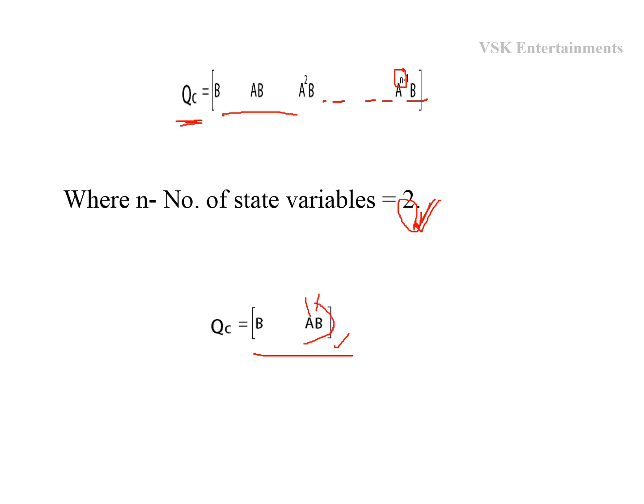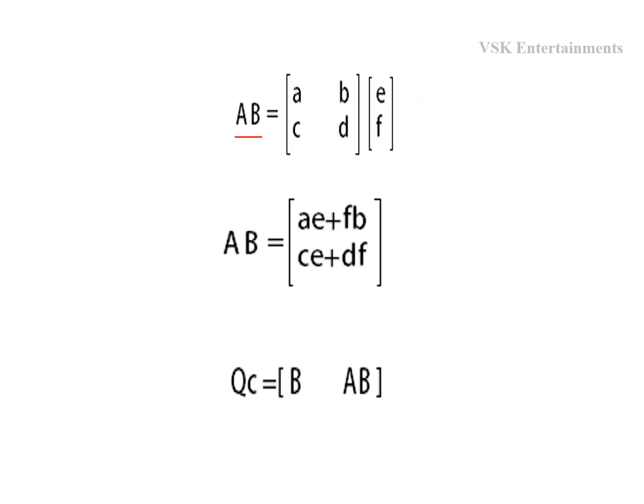First find matrix AB. So AB is equal to matrix [a b; c d] into matrix [e; f]. By using matrix multiplication, we find matrix AB, that is a into e plus b into f. Similarly c into e plus d into f, that is [ae plus bf; ce plus df].